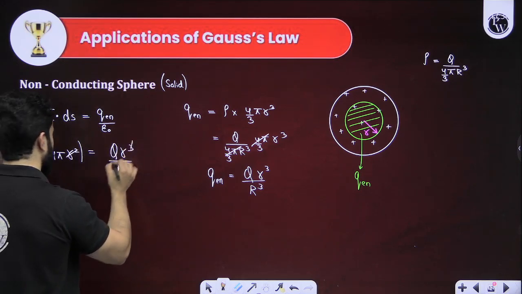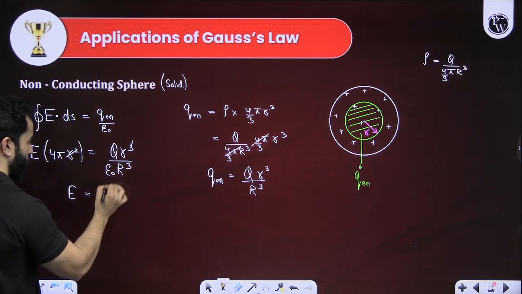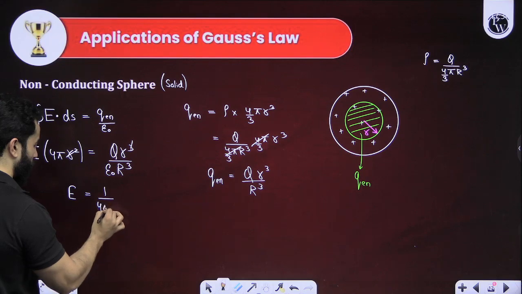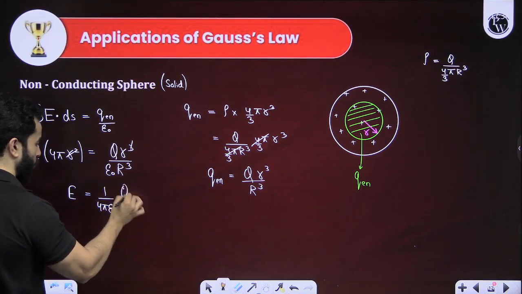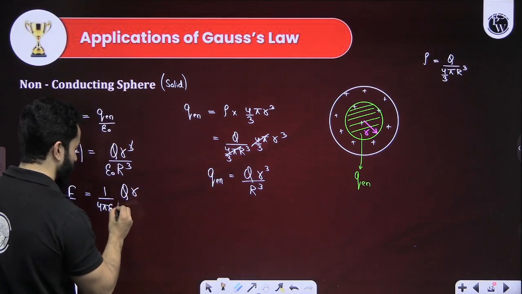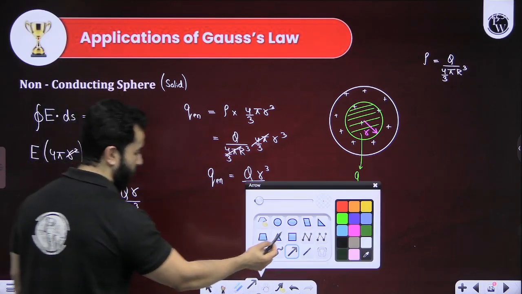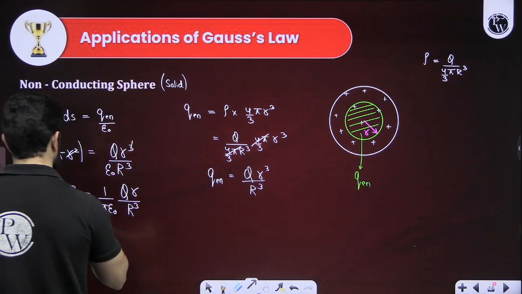This will get cancelled out and electric field will come out as 1 upon 4 pi epsilon naught Q into r divided by R cube. So this is the formula that you will get for an inside point.